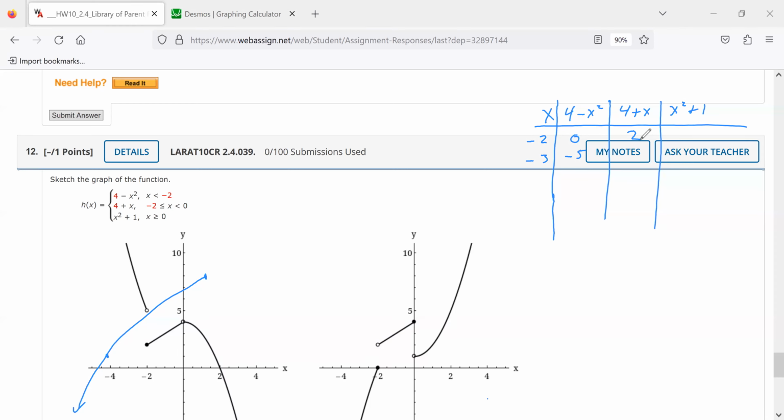Gotta do 0. 0 at that guy would be 4, right? Might as well do 0 on the next one. That'll be 1.